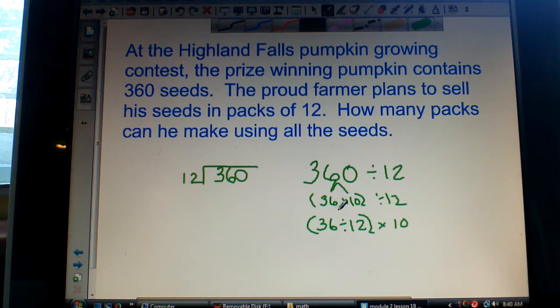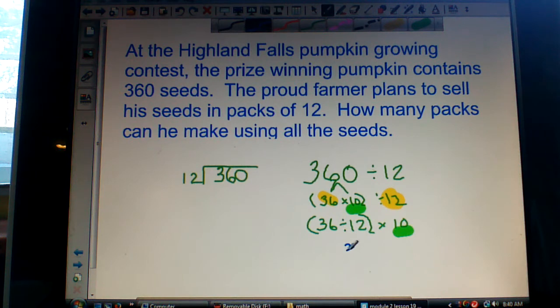So now we're taking this piece, we're taking 36 and 12, and then what's left over is the 10, so that comes here. Okay, this is a little tricky, but this is what we're going to do. So 36 divided by 12, well, 36 is a multiple of 12. 12 times what gives me 36?